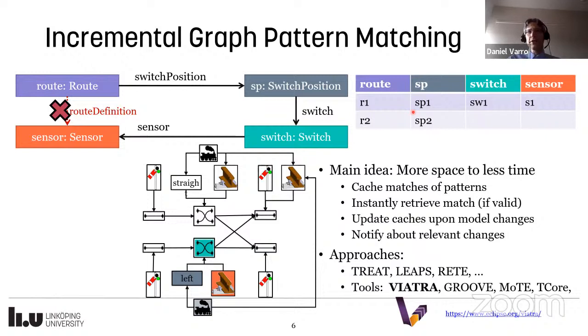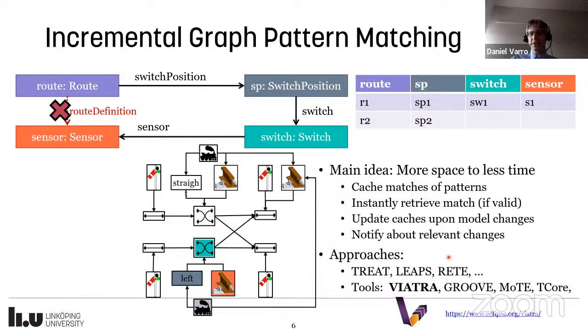So we can cache the results of the graph patterns that constitute the constraints. This way, we might use more space, but by caching the matches of those graph patterns, we can instantly retrieve those matches when needed. And then when the design changes, we update those caches upon each model change.